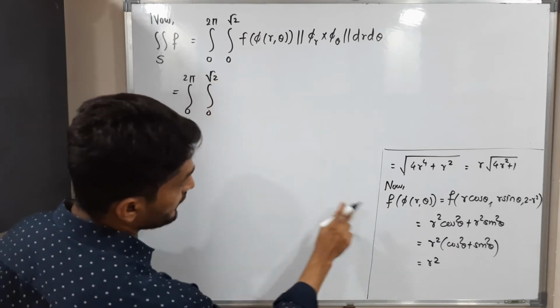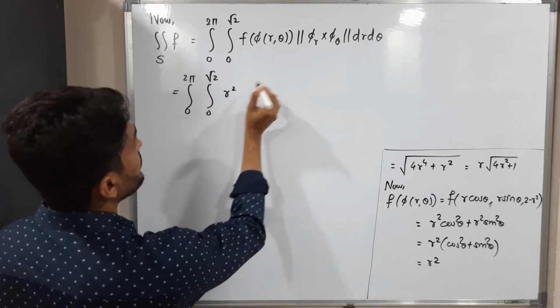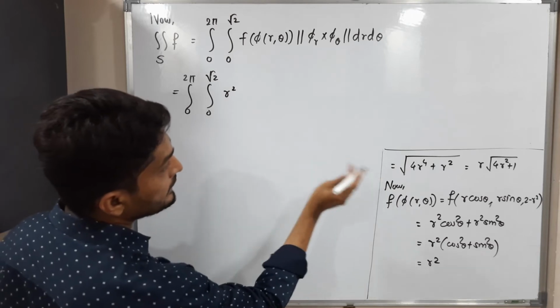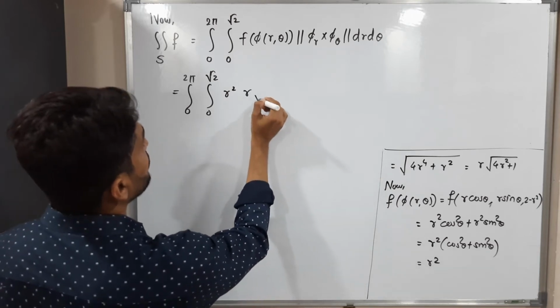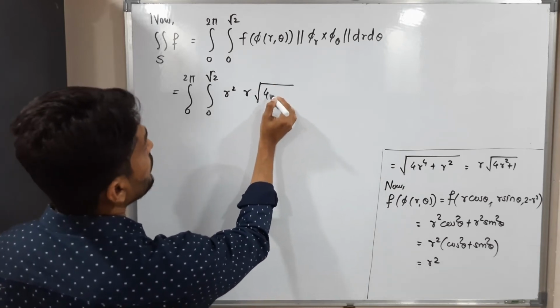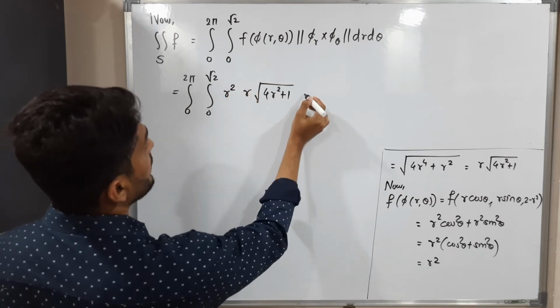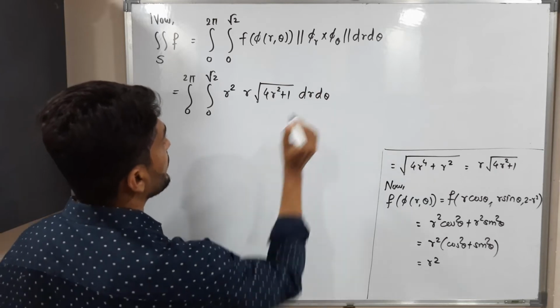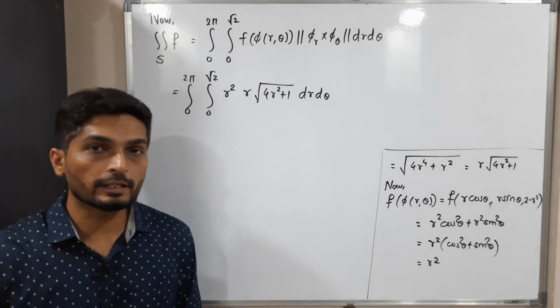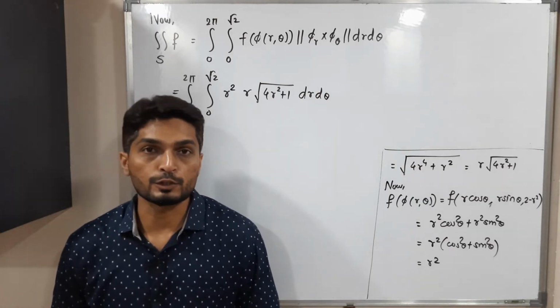F of phi of r theta, we got its value is r square, and the value of the norm is r root 4r square plus 1. Here we have a square, okay. Yes, and after that we have dr d theta. So we have to solve this integration. First we will integrate with respect to r, and then we will integrate with respect to theta.